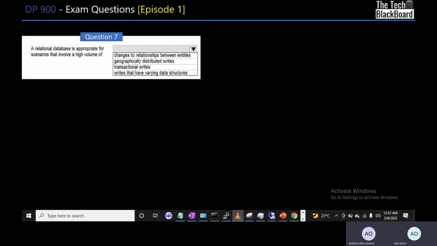These answers now are very, very confusing. One has to be very, very careful. That is why you need to know it very well. Okay, so look at that second option. What do you think they're talking about in that second option? Geographically distributed writes.